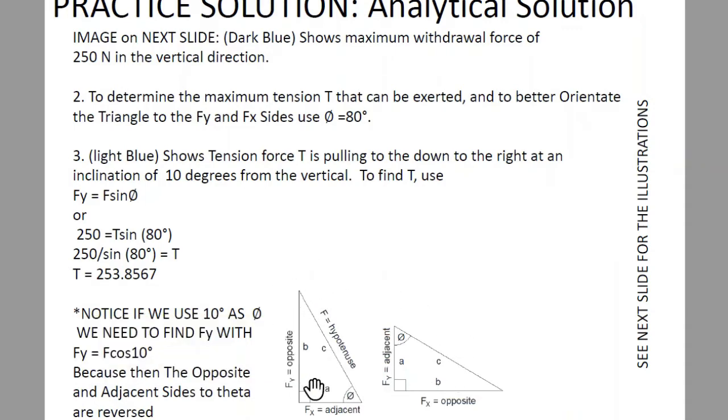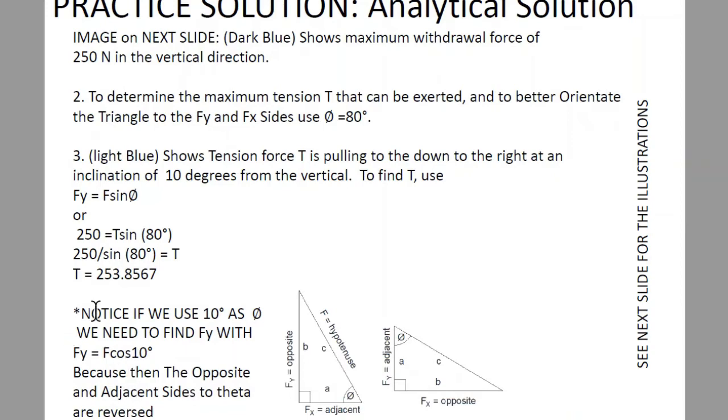You can see here in this demonstration how if we were to technically reverse the theta angles, we would have to use the opposite and adjacent sides reversed as well.